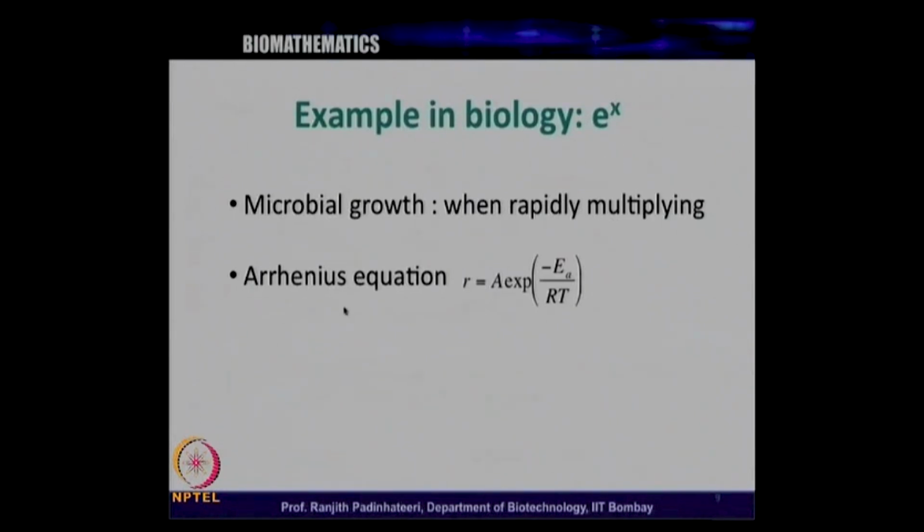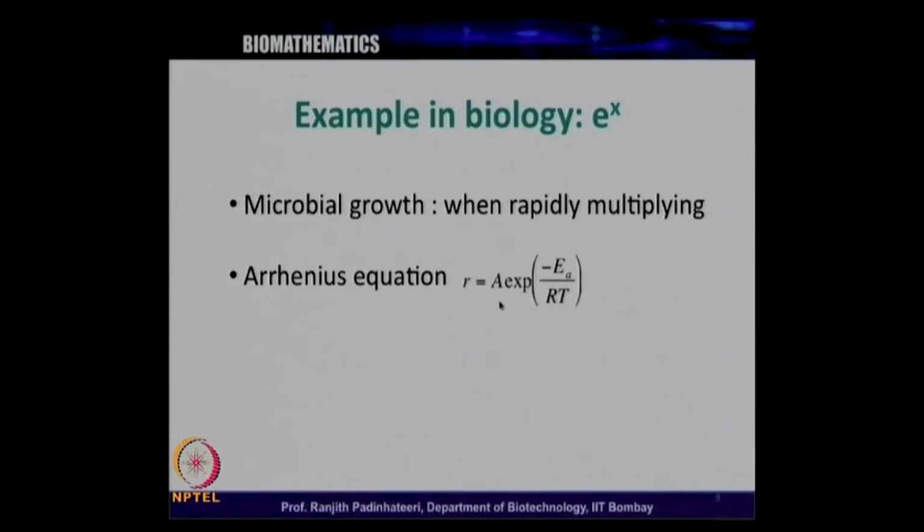The Arrhenius equation, we have seen, is R equal to A e power minus activation energy E A divided by R T, where T is temperature and R is the universal gas constant. So this is another example where an exponential function is seen in biology. Think about this equation a bit.